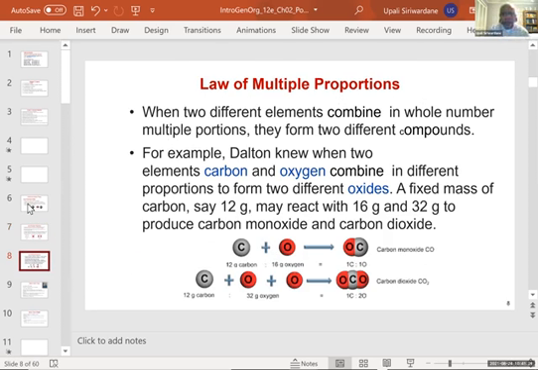Also, there was a law called the law of multiple proportions. When two different elements combine in whole number multiple ratios, they form two different compounds. For example, carbon monoxide and carbon dioxide. The amount of oxygen in carbon dioxide is twice as much compared to carbon monoxide.